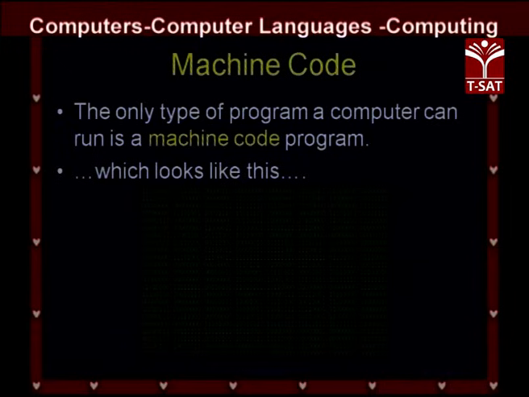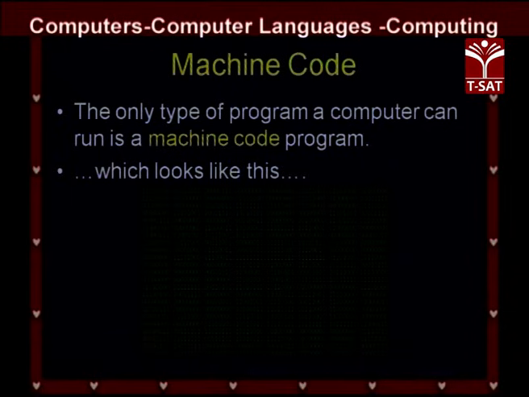Then how does it look? It's a set of zeros and ones. The machine will understand only these zeros and ones. Someone may ask what machine code is, or what machine level language is.